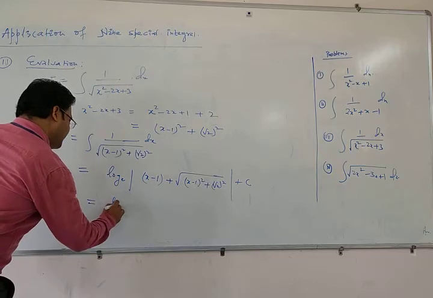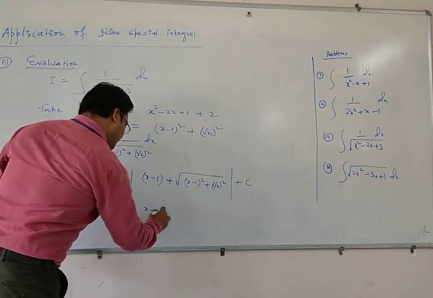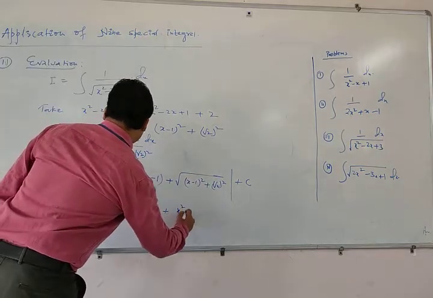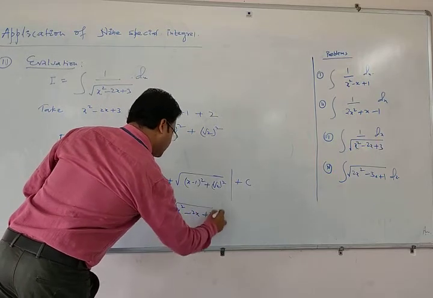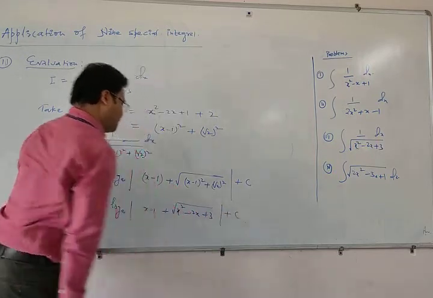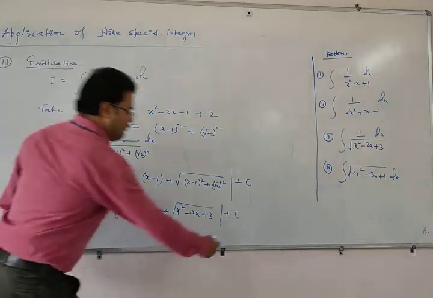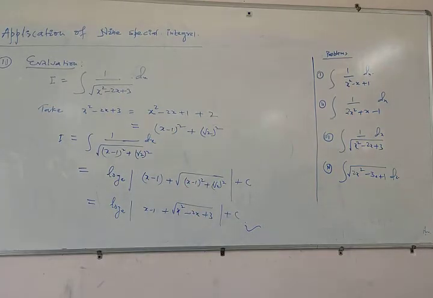On simplifying this, you will write x minus 1 plus, in place of this you can write square root of x square minus 2x plus 3, plus constant term c. So here is the final answer of this integral.